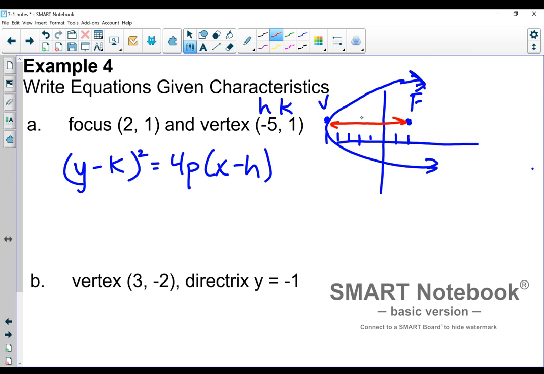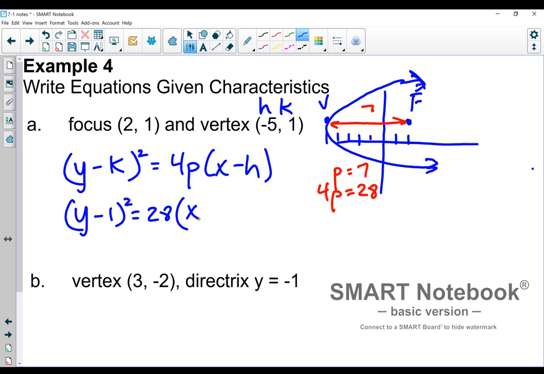I went from -5 to 2, so the distance is 7. So p equals 7, and 4p will equal 28. So now I have everything I need. I can go ahead and substitute. (y minus 1) quantity squared equals 28 times (x minus -5), which is x plus 5.